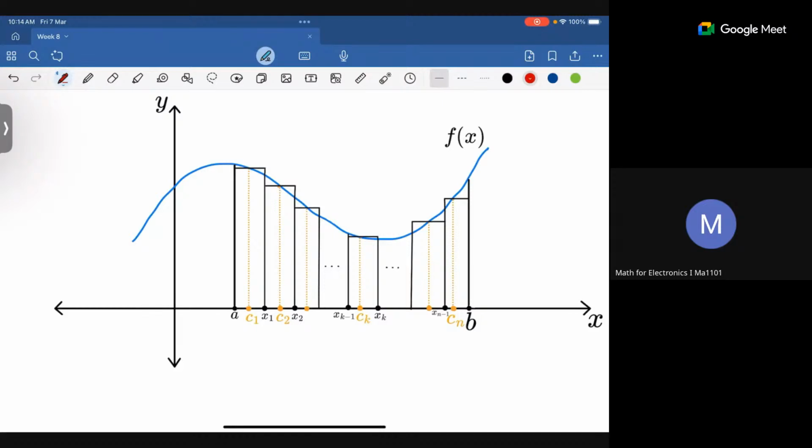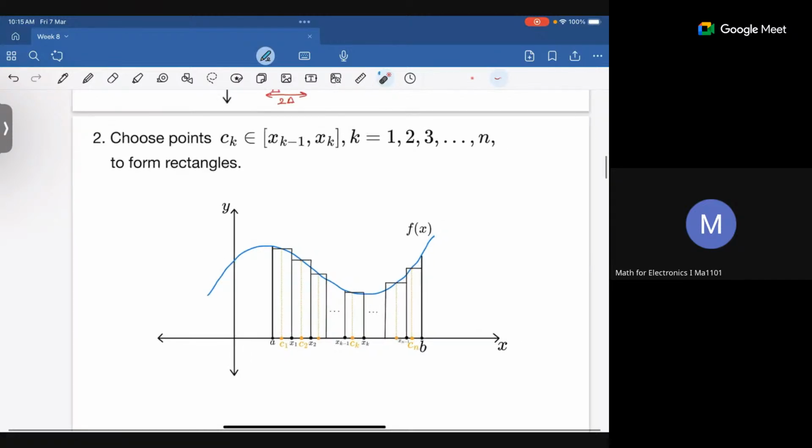It can be any point between A and x1. This C1 is chosen in this particular interval. Like this, C2 is chosen in the second interval. Likewise, Ck will be chosen in the kth interval and Cn in the nth subinterval.